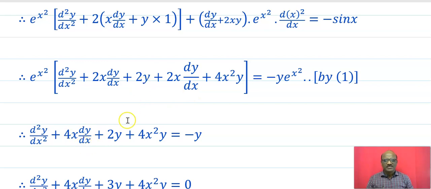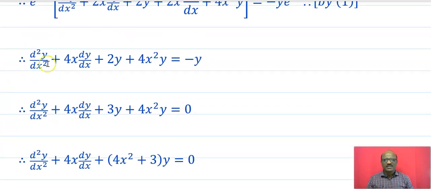And next, this is 2y, 4x square y, and last is minus y, because we are cancelling e raised to x square on both sides. Then you will get d2y by dx square plus 4x dy by dx plus, now this is minus y, it will come to the left hand side and become plus. Therefore it is 3y plus 4x square y, that is equal to 0.